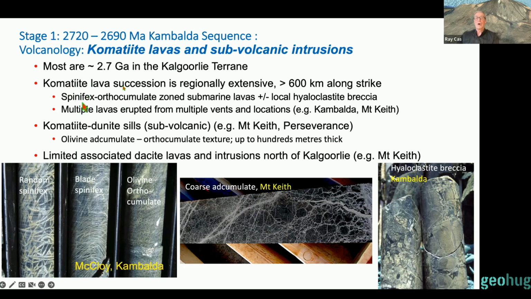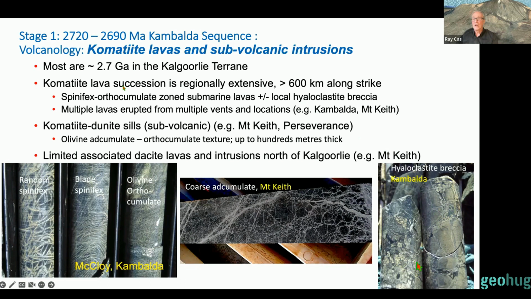And the lavas are dominated by the typical spinifex to orthocumulate zoned submarine lava profiles. We see that profile here from drill core at the McCoy prospect or deposit at Kambalda, with random spinifex, parallel or blade spinifex, passing into this nodular orthocumulate. It's like a porphyritic komatiite with phenocrysts of olivine suspended in finer groundmass.